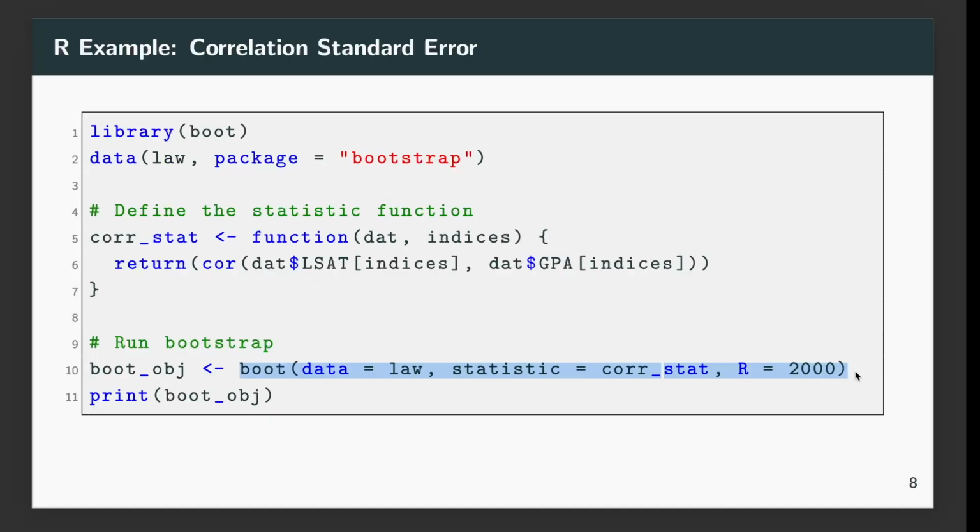Take some time to run this code yourself, and try changing the number of replications using various numbers. You can put 10 or 50, and then go up to 2000, 10,000 and so on, and see what you find.